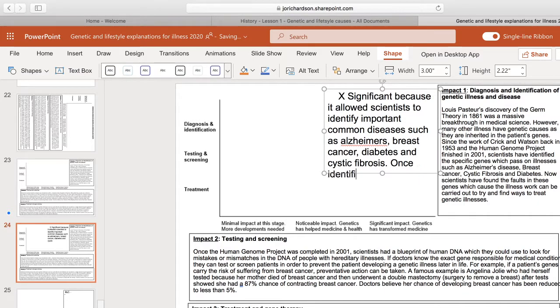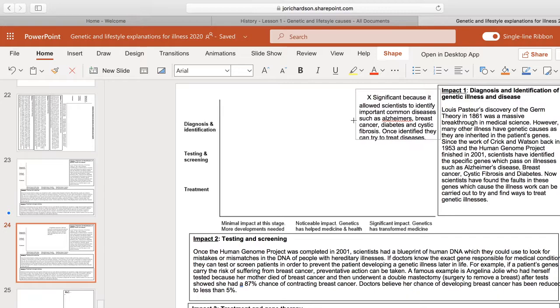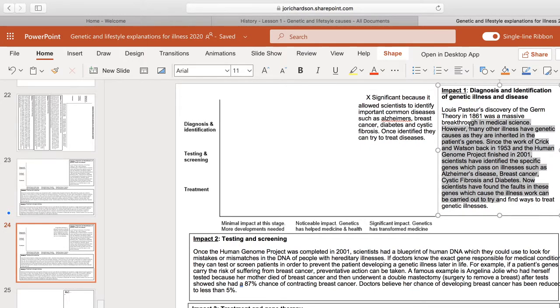Once identified, they can try to treat diseases. So I'm saying it's very significant that they're able to identify it, because without that, they wouldn't be able to treat those particular diseases. And I've got that information from that box here.